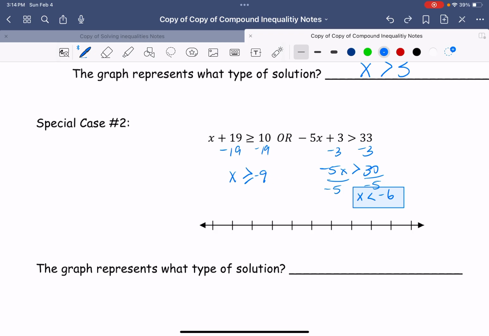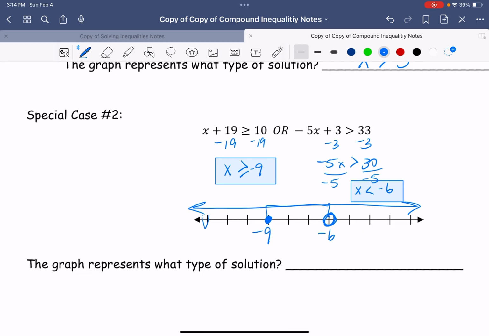Okay, that was terrible. Better. All right, so I have -6, -8, -9. -9 is a solid, and -6 is an open circle. Okay, and then I have -6, x is less than it, right? And then with negative 9, x is greater than, oh, wow, look at that.